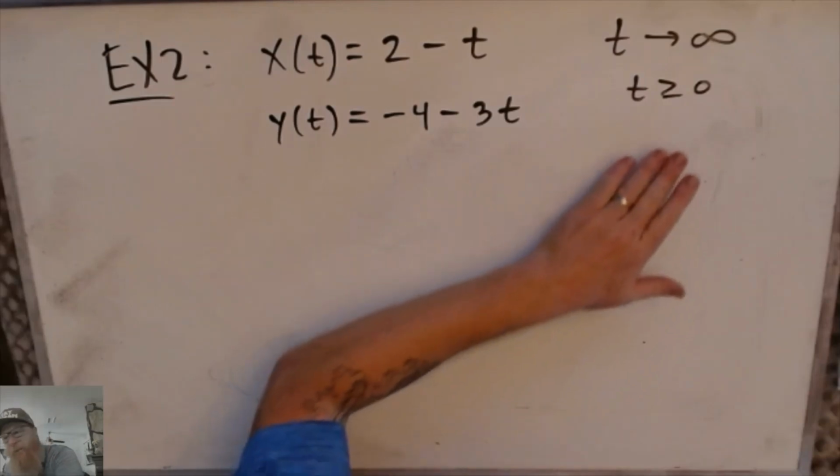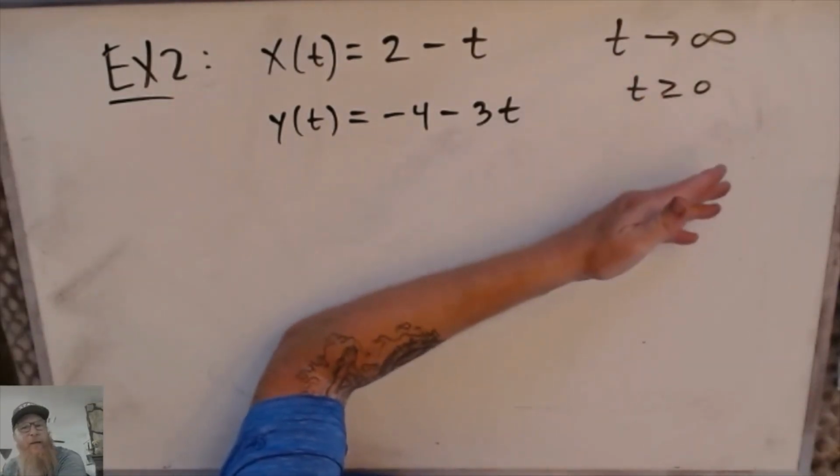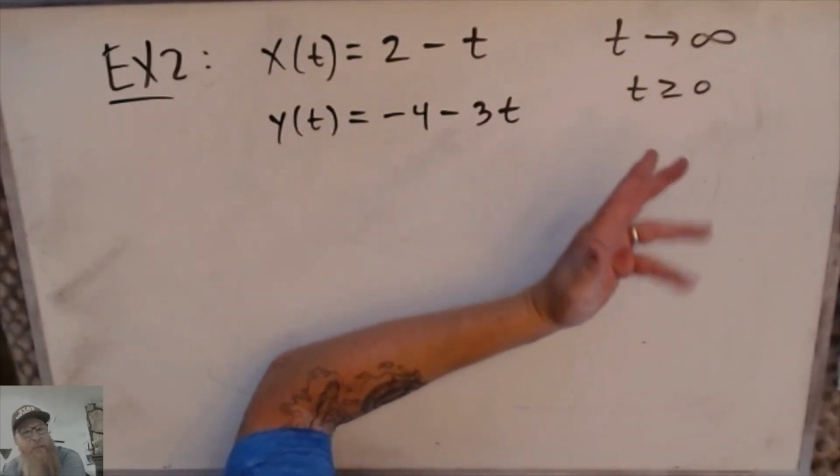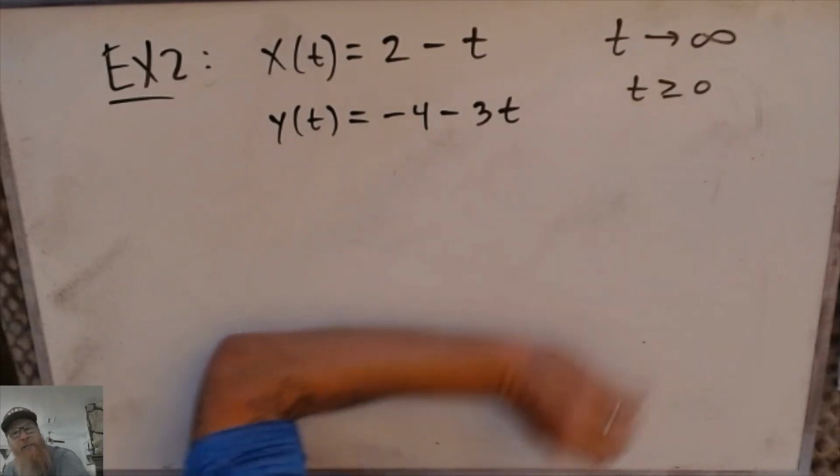There are some problems that you might see after this course where they use a parameter that goes into the negatives. You might start at -1 or -2 or something like that. But typically, I like to start with 0.